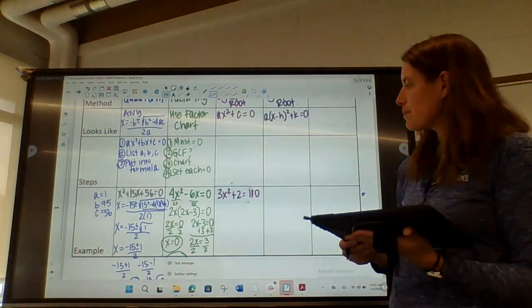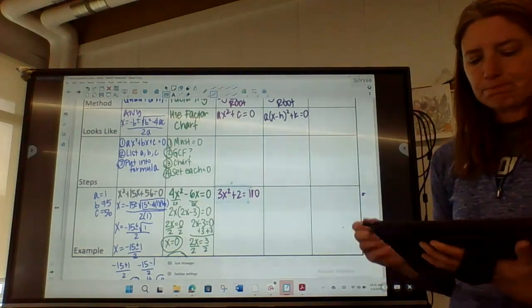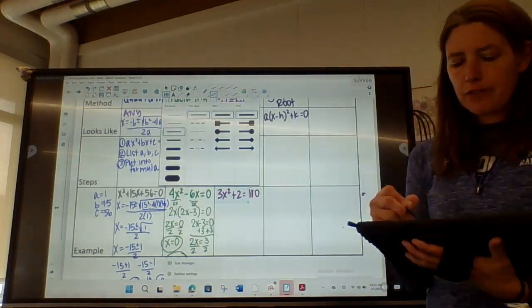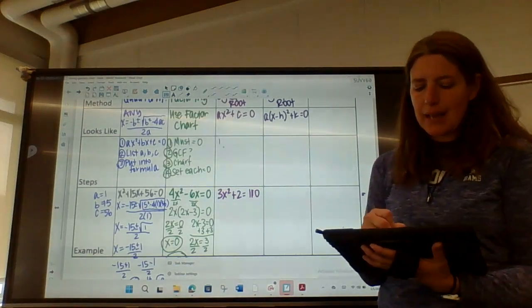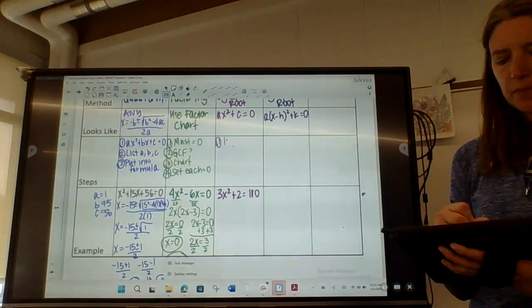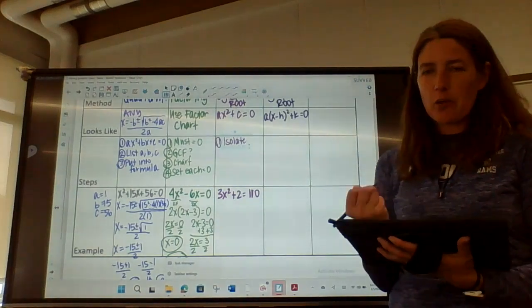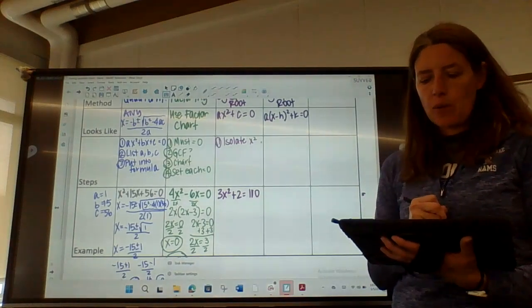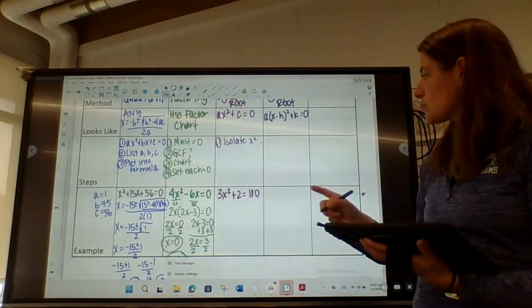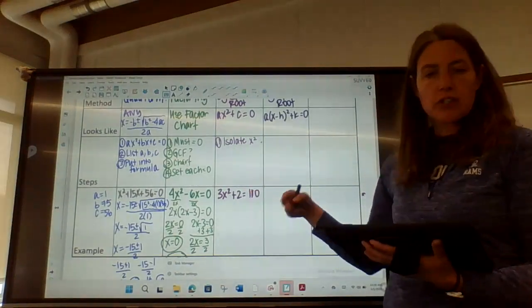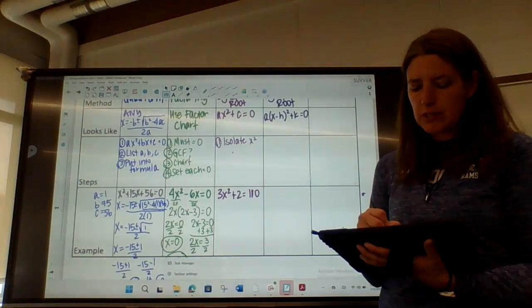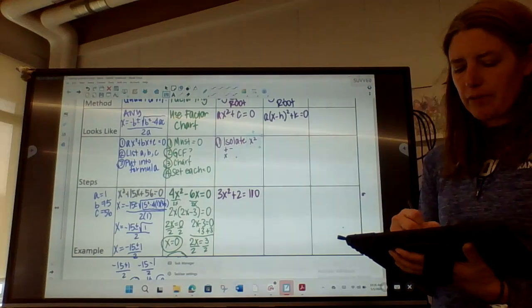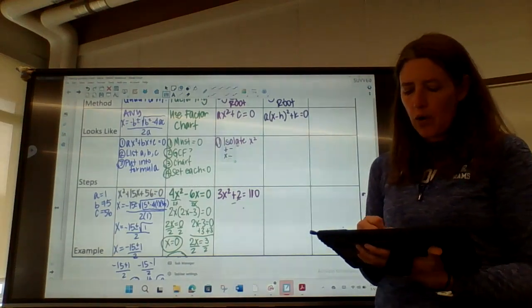So I have 3x squared plus 2 equals 110. So my first step is going to be isolate the x squared. So this one I don't necessarily want it to equal 0. So we're going to isolate that x squared. So that means we're going to move this 2 over, so we're going to add or subtract first, and then multiply or divide. So I'm going to move the 2 over first.